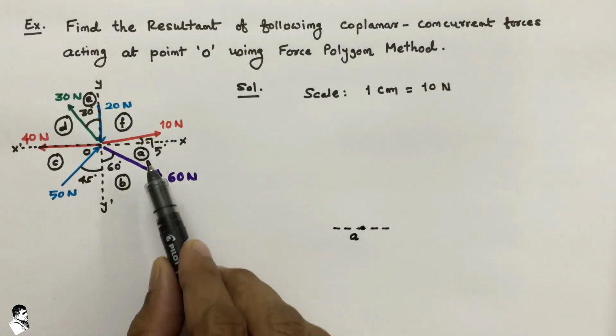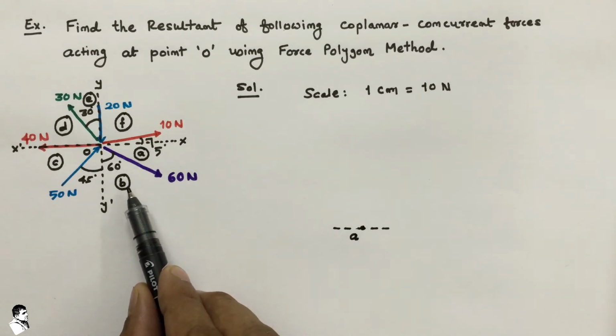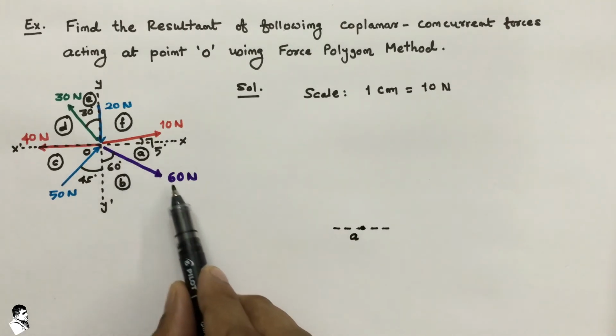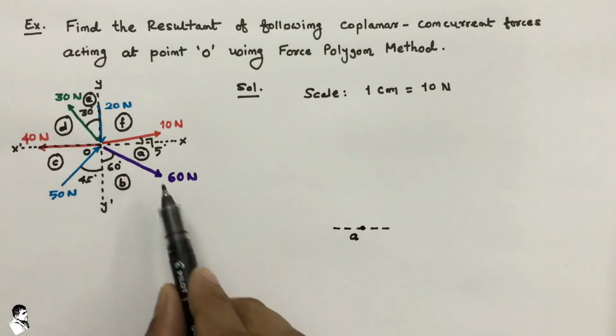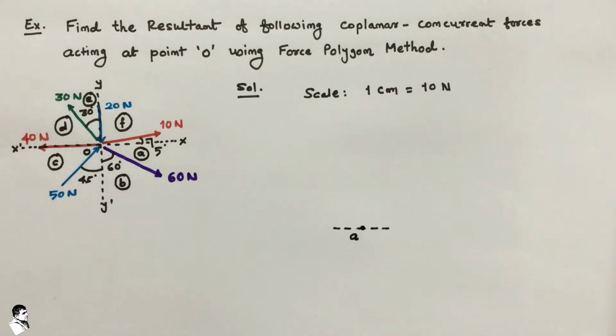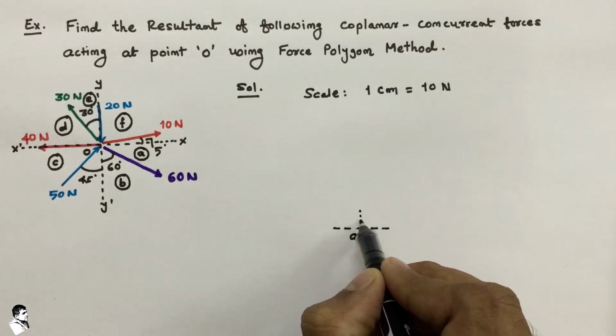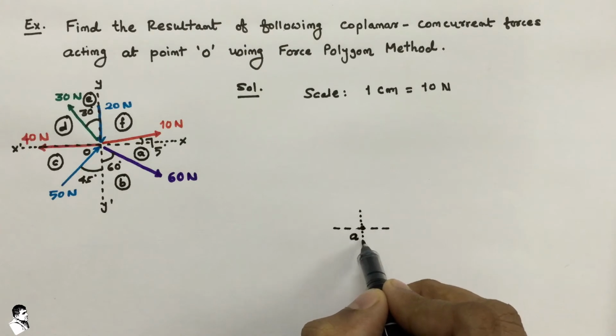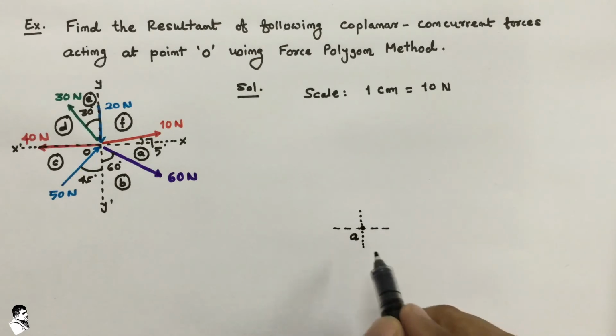Now from A to B, there is a 60 Newton force in this direction. To take the appropriate angle, we also require a vertical line here.